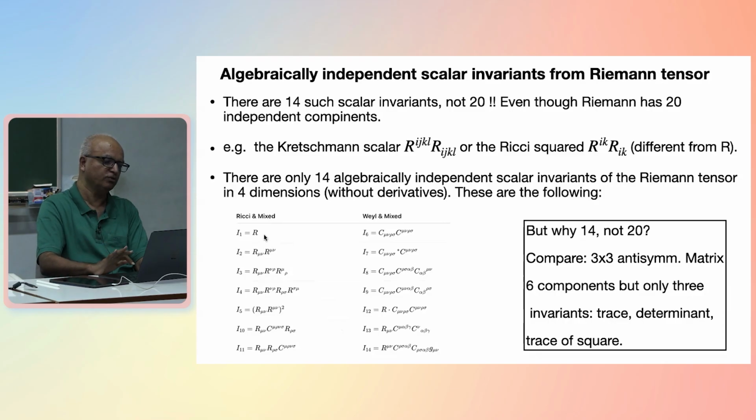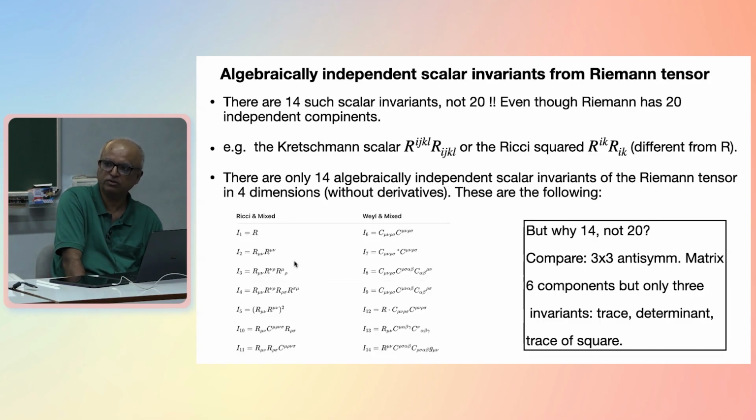You want to make a new theory, so let me make a new theory where the action is R mu nu R mu nu. I can make a new theory with I2 or with I3 or with I4 or with I1 plus I2 and so on. You are free to play with the theories as you please. Any more questions here?